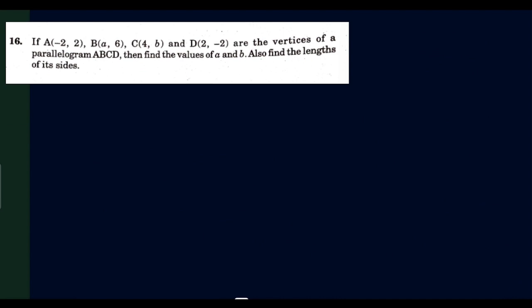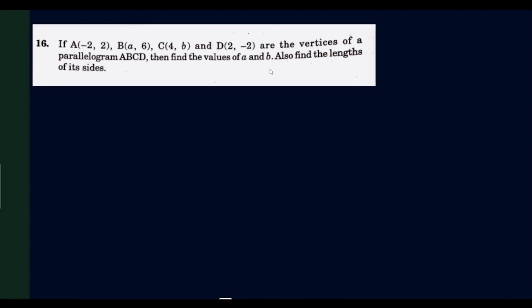So here we have the vertices of a parallelogram, right? And we are asked to find the values of A and B because there are two unknowns across the 4 points. Before that, if it is a parallelogram, then is there any condition that we can follow to find A and B?